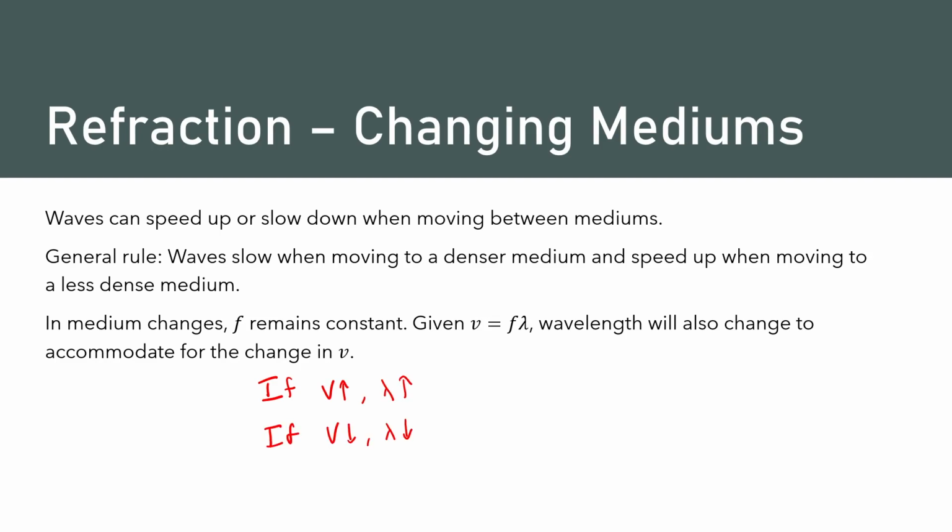So given the structure of the v equals f lambda equation, what we can assume is that if we were to increase the velocity of the wave, this would result in an increase of wavelength in turn, and that if the velocity was to decrease, then the wavelength would decrease in turn as well, ensuring that both sides of the equation remain equal to each other.